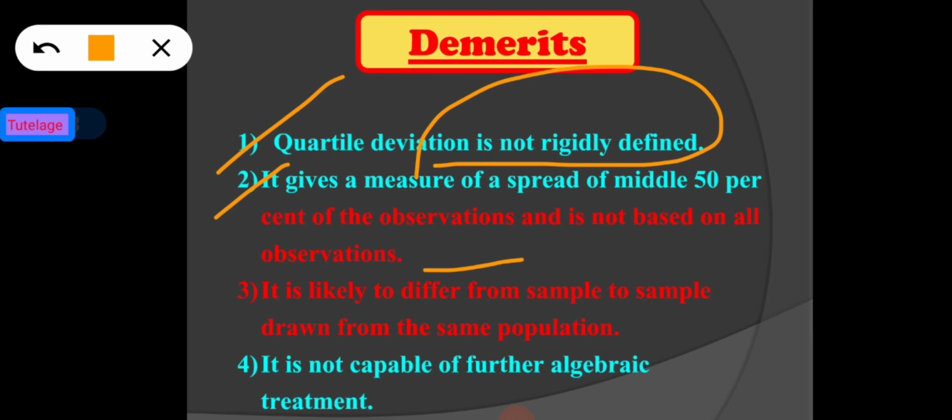And it is not capable of further algebraic treatment also. It is easy to calculate and easy to understand, but sometimes it is not capable of further algebraic treatment. So that's one of the most important demerits of the quartile deviation.